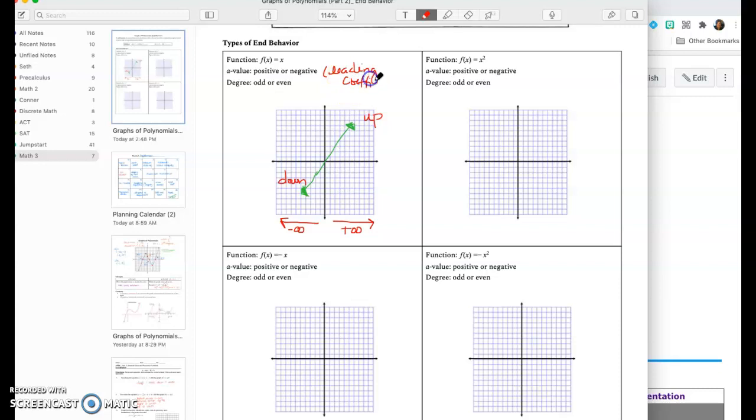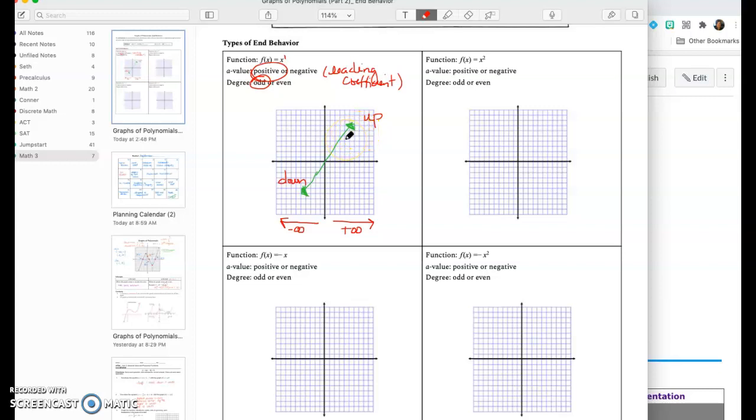We've talked about our leading coefficient, the number in front of our highest degree. In this case it is positive. And then the degree of the polynomial, well, this is x to the first, that is an odd number. So that means that on any polynomial that has a positive leading coefficient with an odd degree, it's going to be down on the left and up on the right when we think about the end behavior.